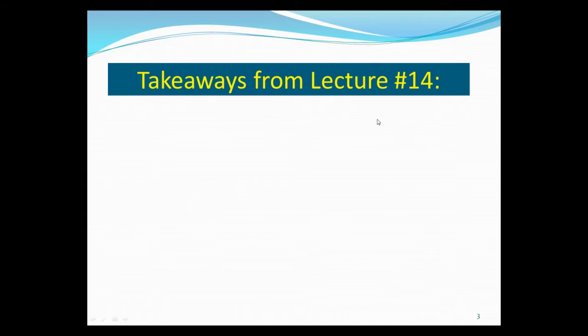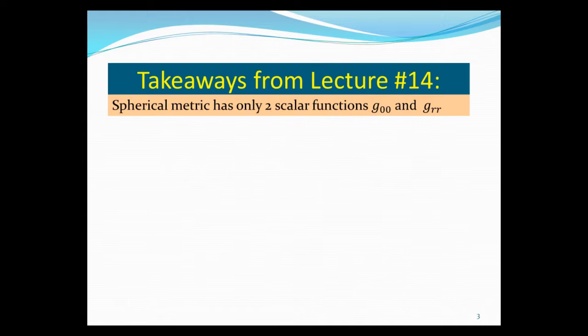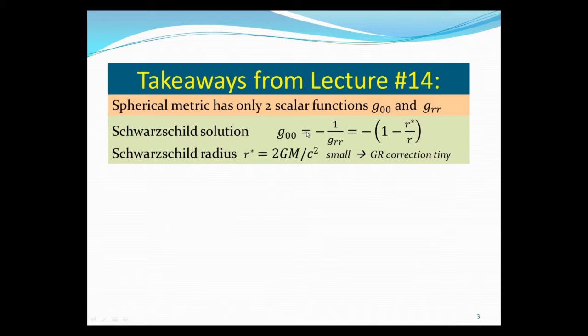So the takeaways from lesson 14: the spherical metric has two scalar functions, g00 and grr, and the Schwarzschild solution is directly related to the Schwarzschild radius, which is 2GM over c squared, a very small quantity. Therefore, GR corrections in general are very small in our cosmic neighborhood.